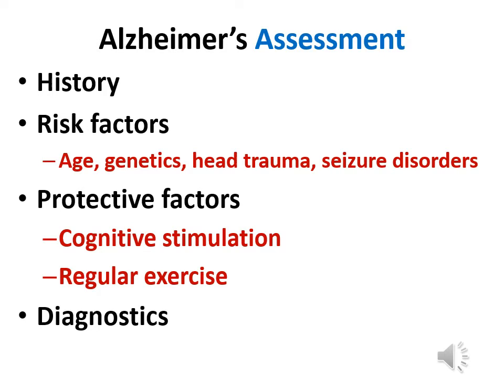They very often predispose the client to Alzheimer's later in life. There are a couple things that clients can do to protect themselves or delay the onset of Alzheimer's, and that's participate in regular cognitive stimulation and regular exercise.